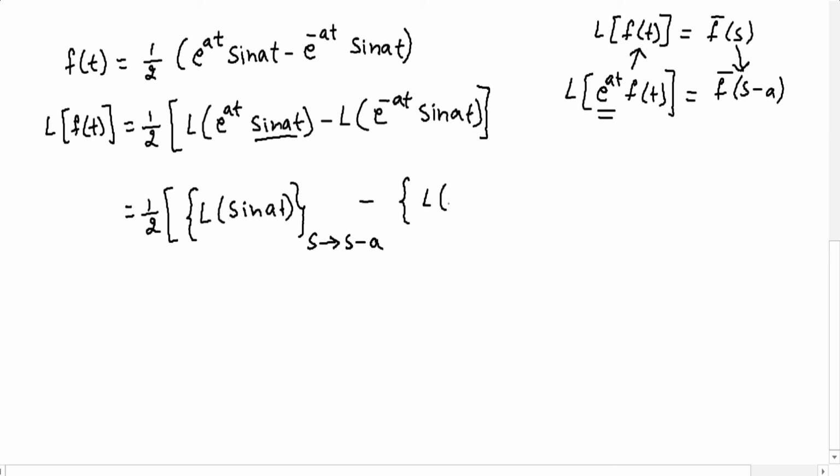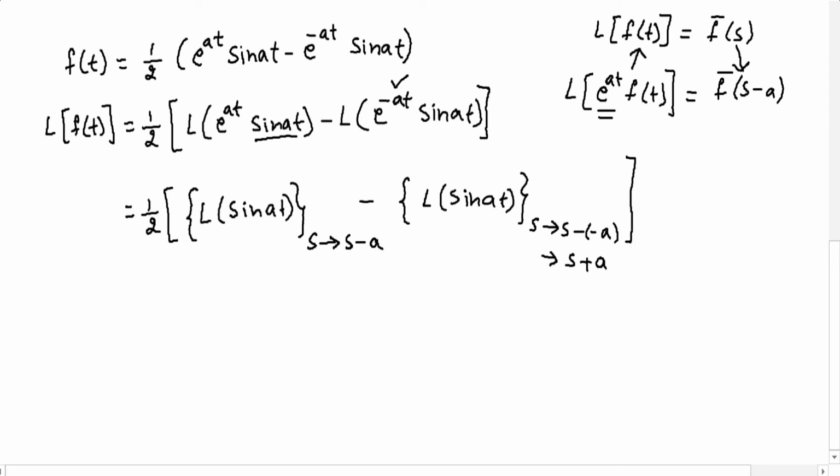Laplace transform of sine at as it is. What will happen to s? s will be shifted to s minus a. What is the value of a over here? a is minus a in this case. So minus of minus a, which means s minus of minus will become plus a. So s will be shifted to s plus a.